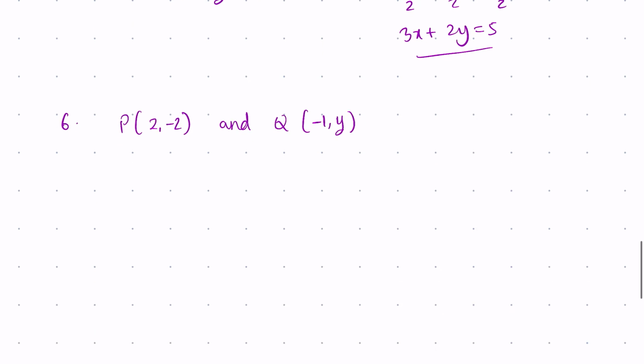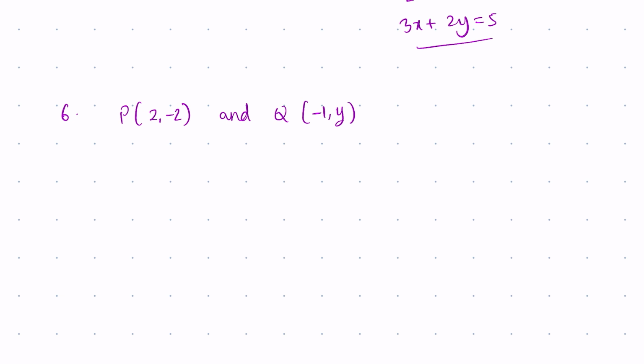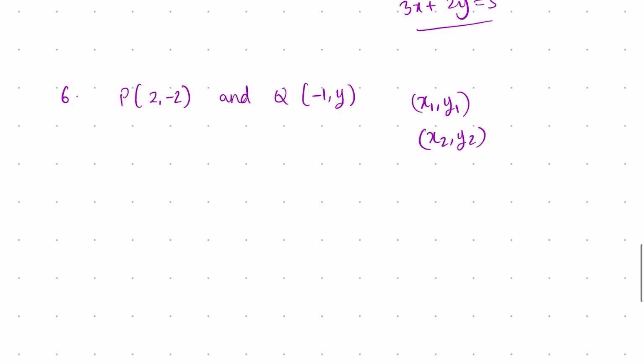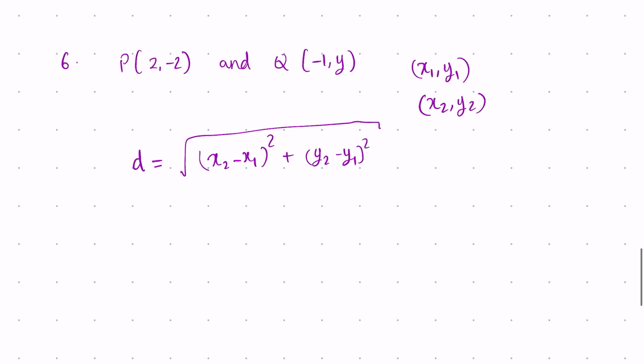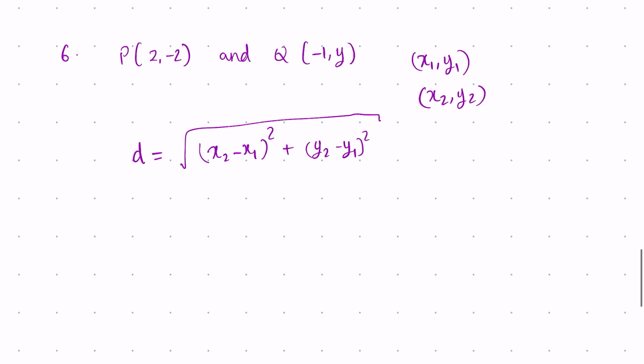So if you're given 2 coordinates, let's say x1, y1, and x2, y2, the distance formula says the distance between these 2 points is the square root of x2 minus x1 whole squared plus y2 minus y1 whole squared. Okay, so we just substitute the numbers.